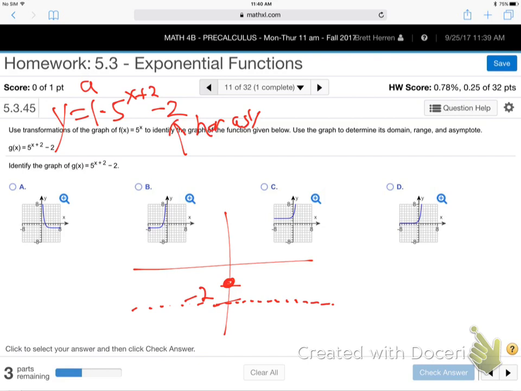Now, what does that x plus 2 do? Remember what it does to a graph when you add 2 to the x value? Left 2. Remember, x has an opposite effect. X is always right, left, opposite. So this means left 2. What goes left 2? Everything.